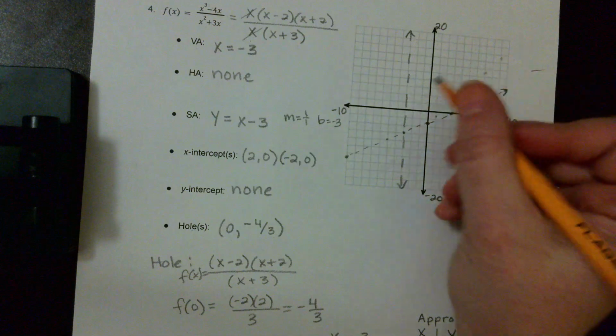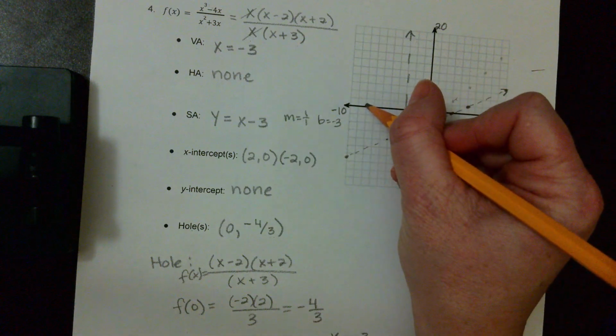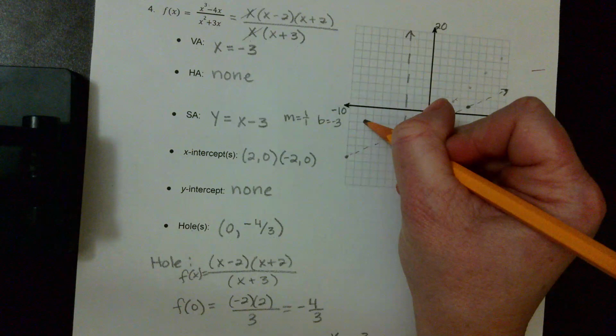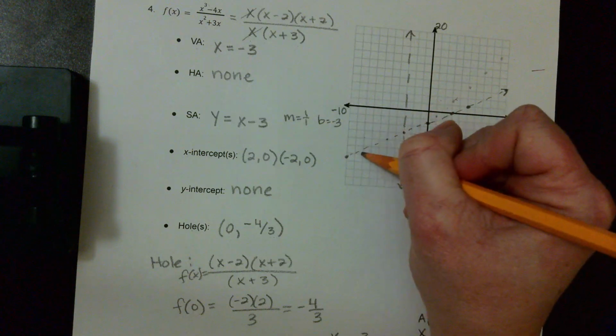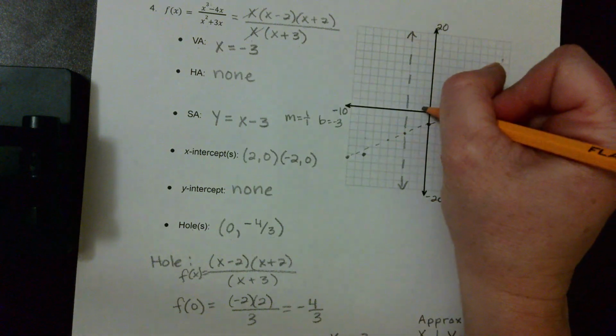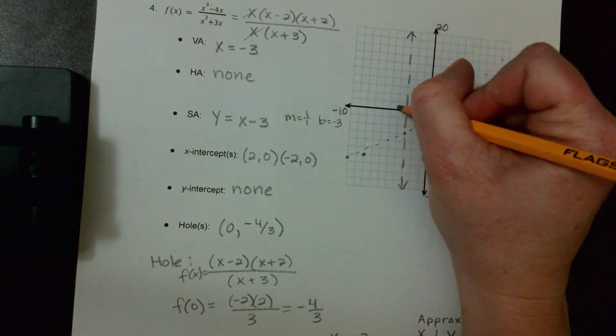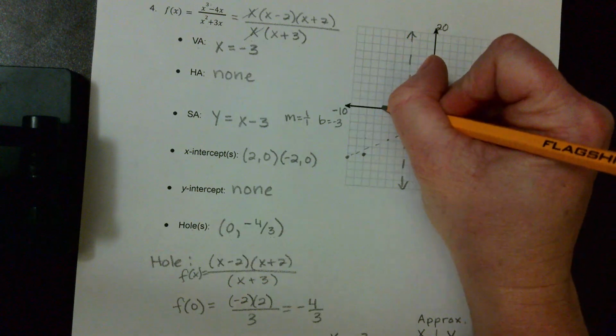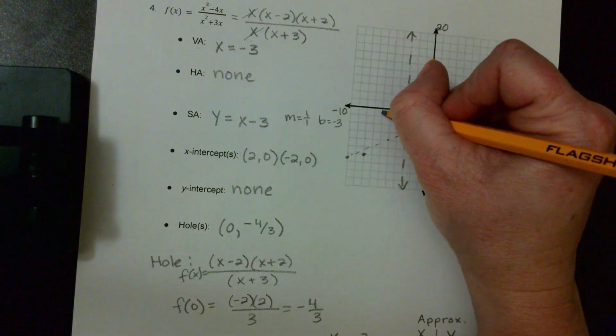So now at -8, I'm at -12, 2, 4, 6. At -6, I'm at -10.67.